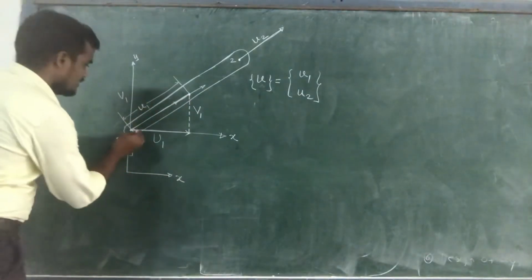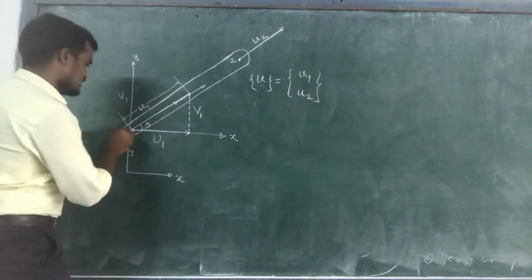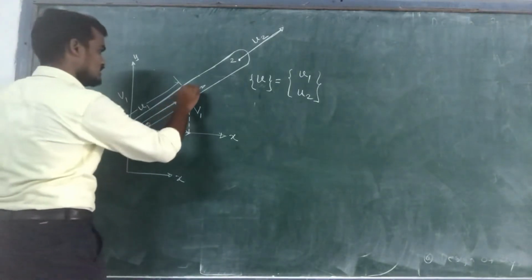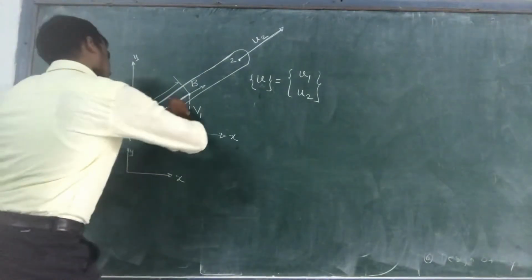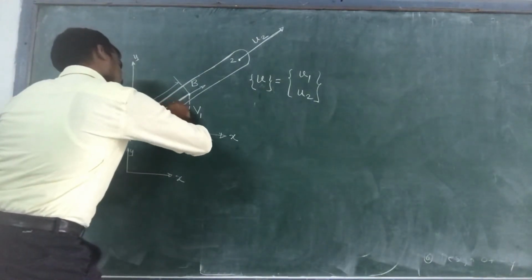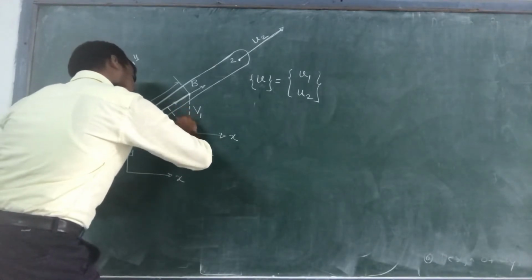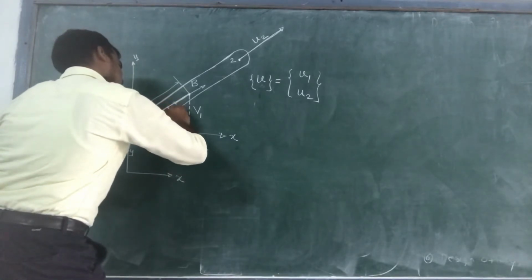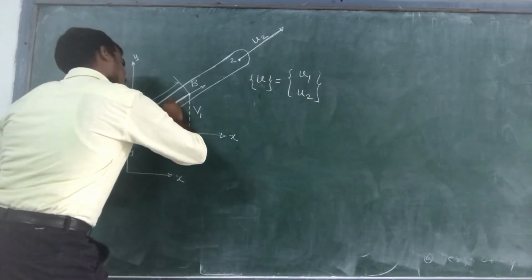From the figure, if this is theta, let us say this is A, B, C. If we make some adjustments, we have drawn the perpendicular.